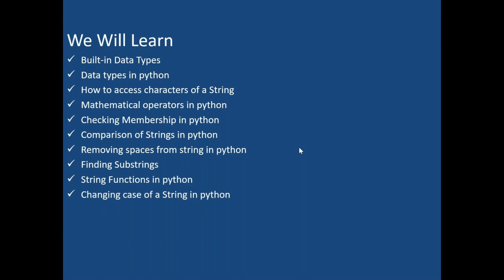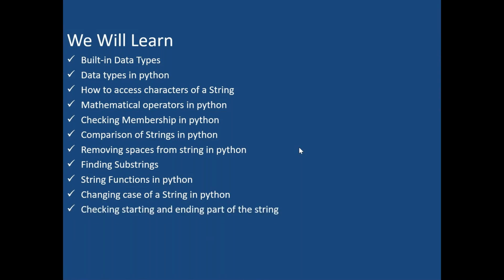Changing case of a string in Python. For example, you have capitals, I want to convert into lower. Or I have lower case, I want to convert into upper case. Or I want a title. Title means the first letter will be upper and all others are lower. So we'll be looking at all such types of changing cases.